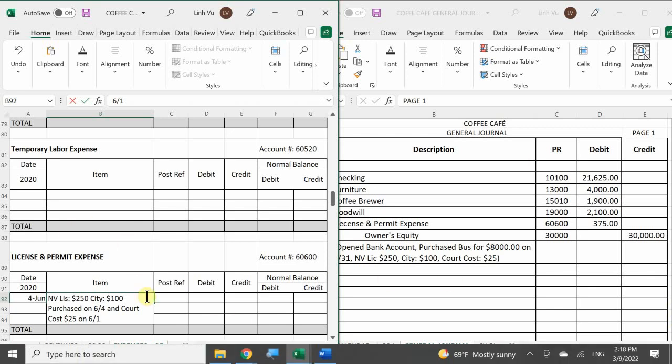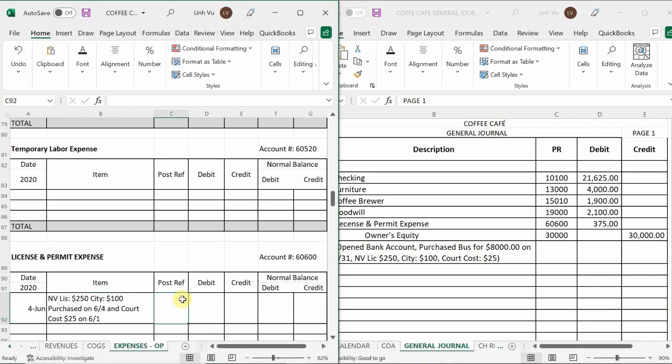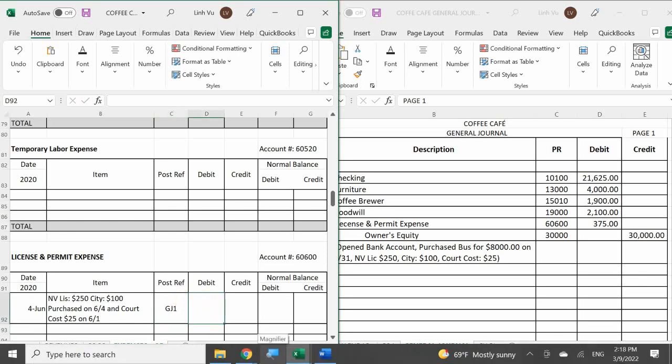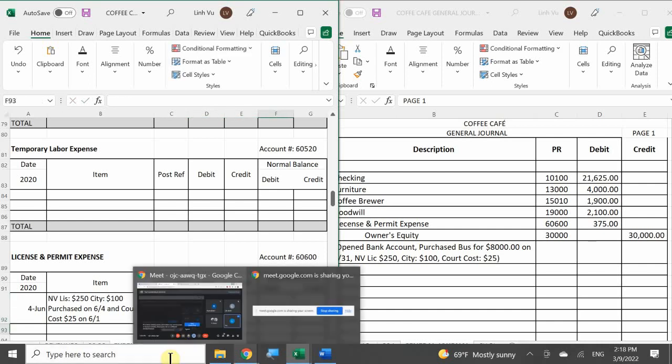Post reference for this, once again, we did this on our very first general journal. And because we had to spend the money for the operations of our business, that will increase my debit side by $375. Okay.